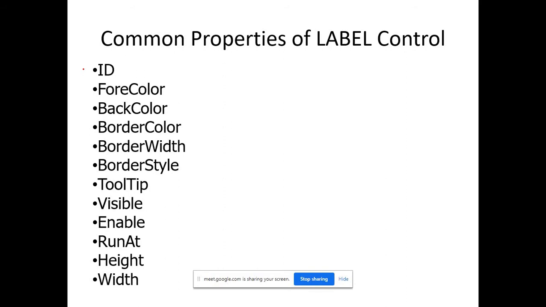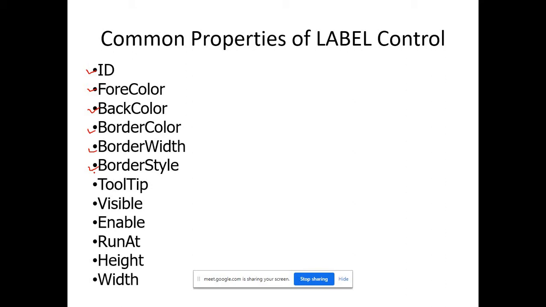Then we saw different properties of the label control. These are the very basic properties we discussed in the last session. ID is there, foreground color, that is the color of the text, and background color, so the back color property is there. Then a few properties related to the border: border color, border width, and border style.